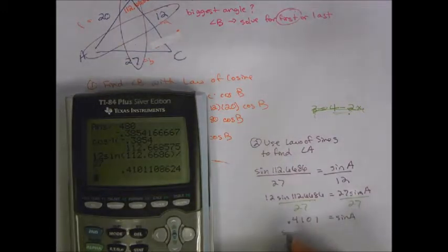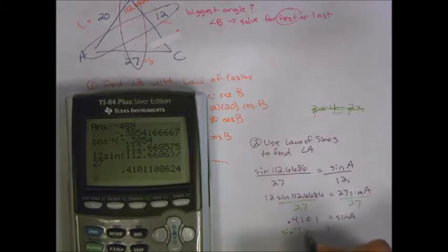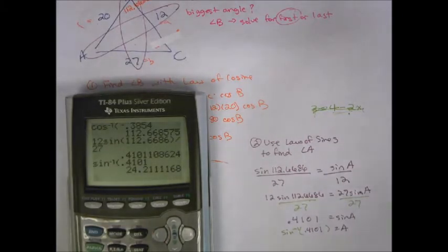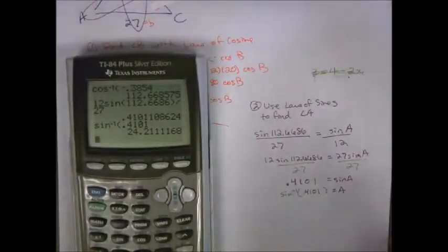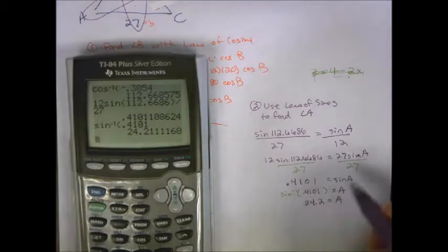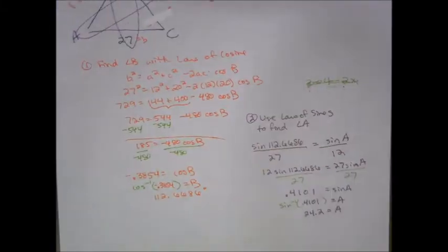I take the sine inverse. And I get, lots of work here, A equals 24.2. I'm going to do one decimal now.